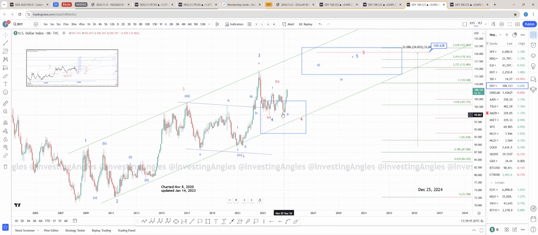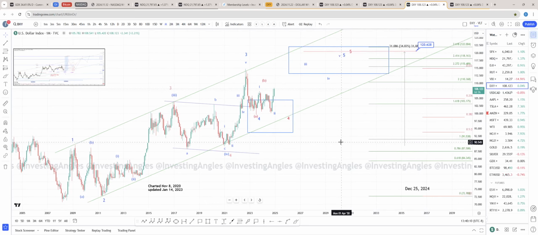And so far the dollar is tracking toward this blue rectangle that we put a while ago, and it measures from 113 to 120, approximately 122. That's the chance for the dollar to go higher.